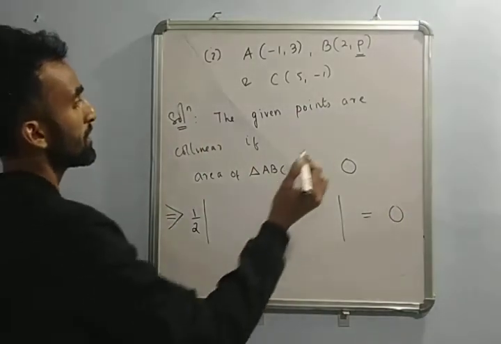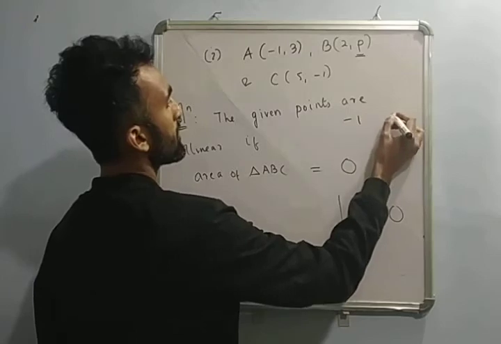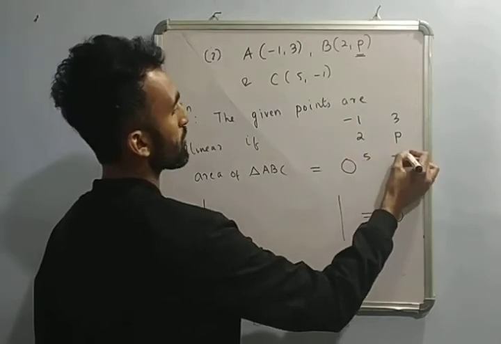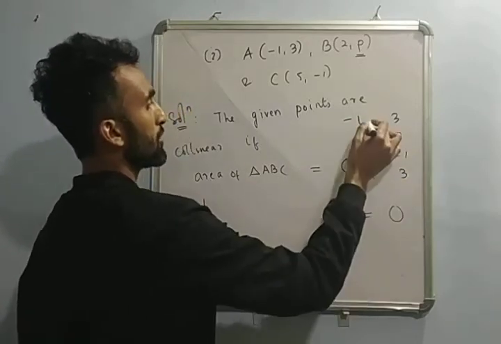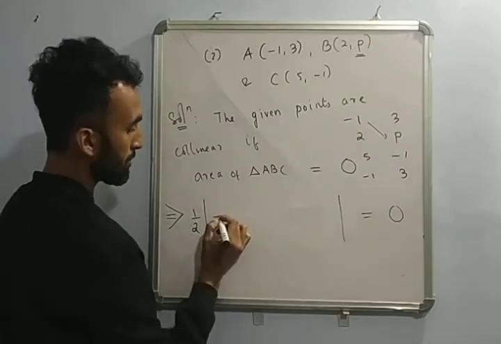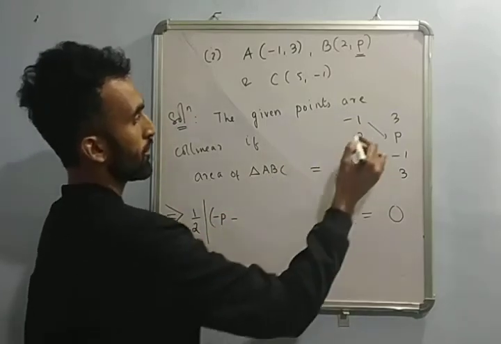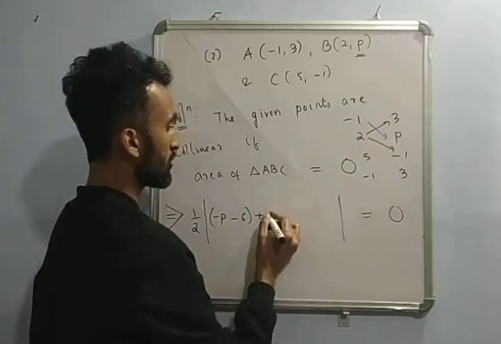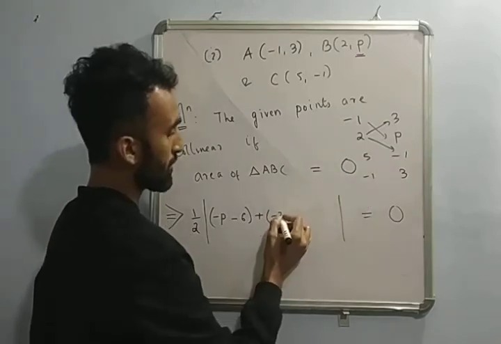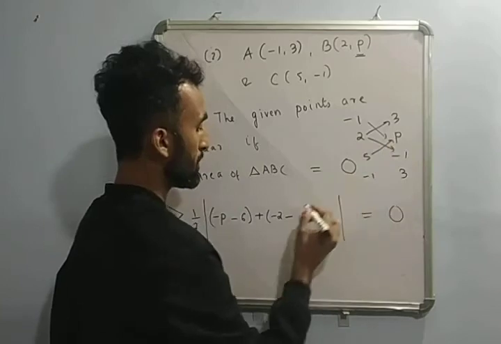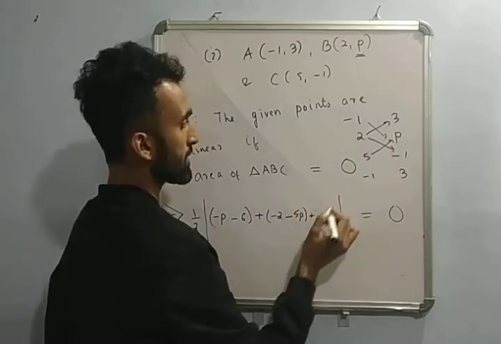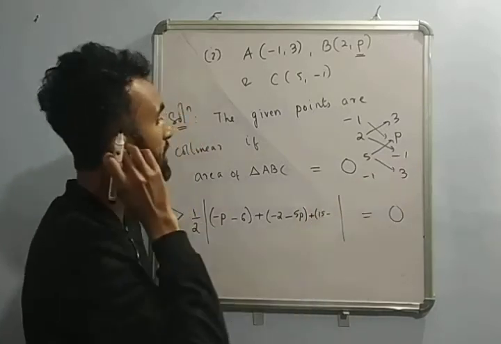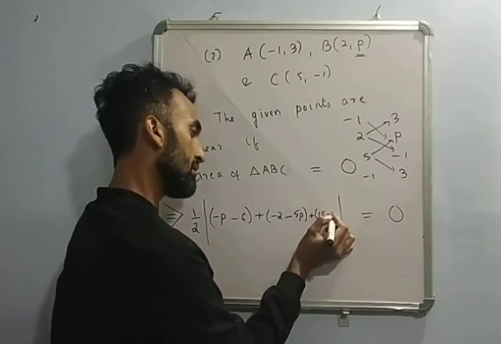I am using here minus 1, 3, 2, P, 5, minus 1, minus 1, 3. Cross this: minus 1 into P is minus P, minus 2 3s are 6, plus 2 into minus 1 is minus 2, minus 5 into P is minus 5P, plus 5 3s are 15, minus sign, minus 1 into minus 1 is plus 1, so already minus becomes minus 1.